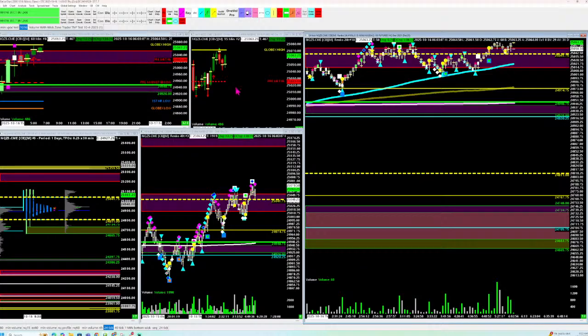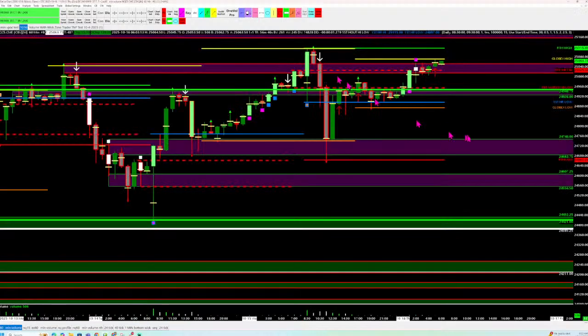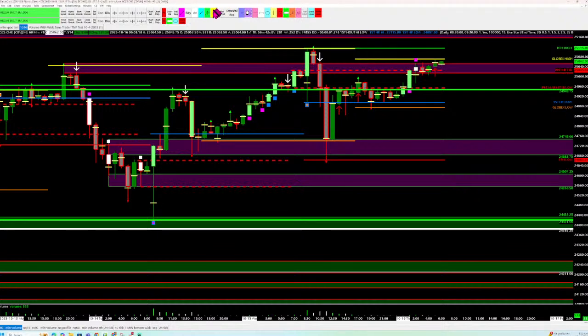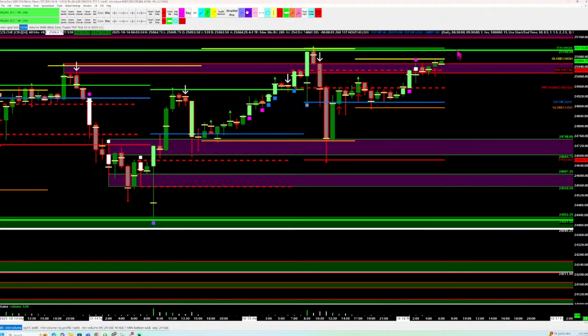So if I look at the hourly, I need to make some adjustments. So this zone is gone. This becomes yesterday's high, pretty easy to mark off.